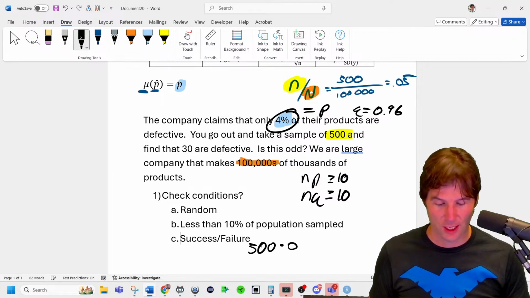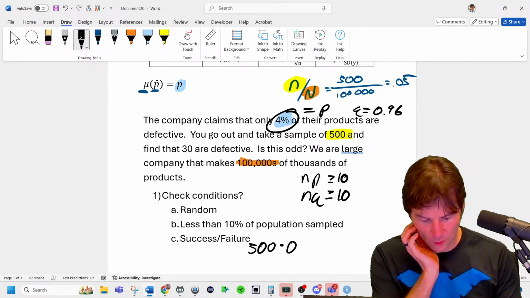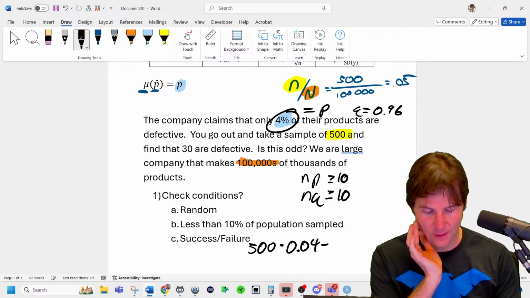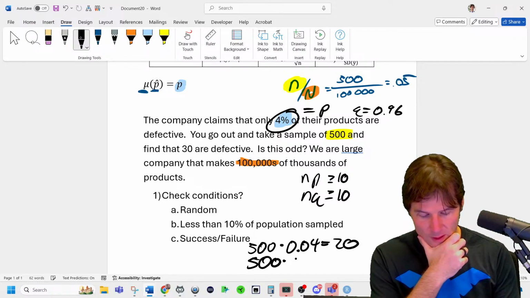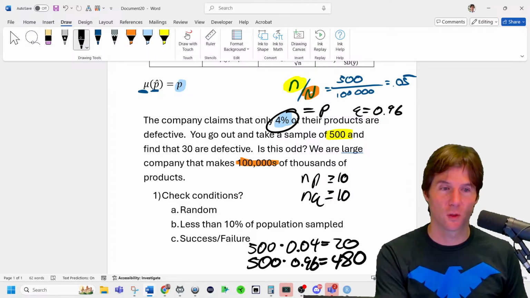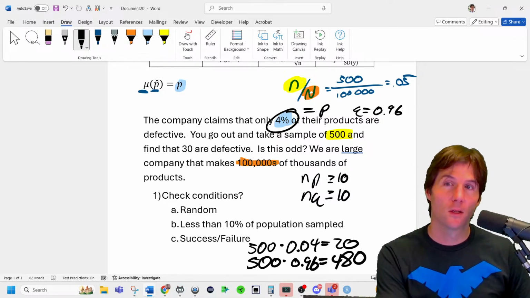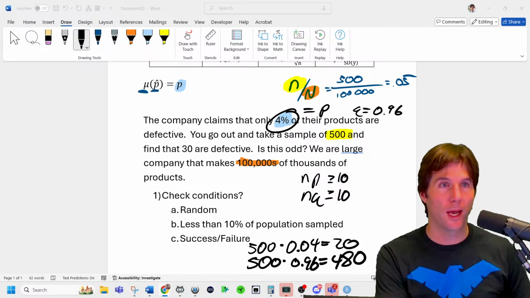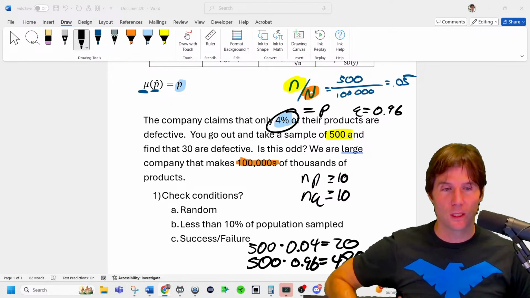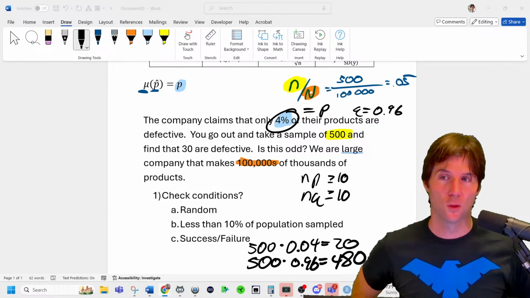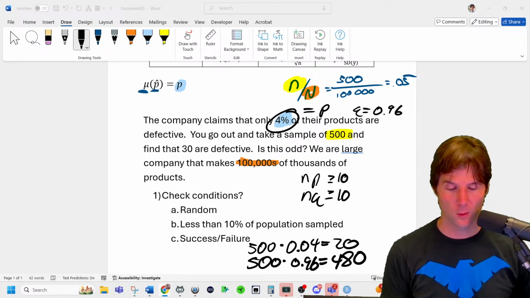Good answers in the chat. So we need 4% of 500, which is 20, which means you can solve the other one because they must add up to 500. And there is nq. So they're both greater than 10. So the answer is we passed. Everyone see this? Don't worry if you got it wrong. Just remember, we need to do np and nq and see that they're both greater than 10, and then we pass.